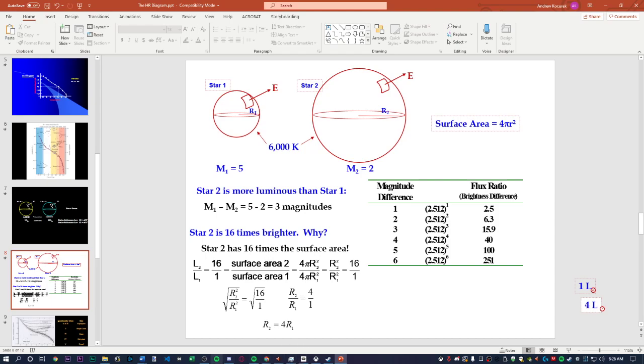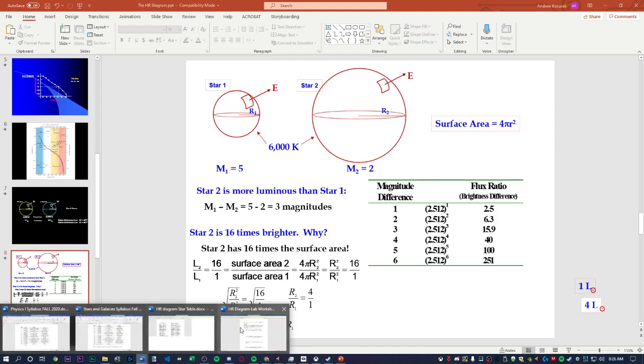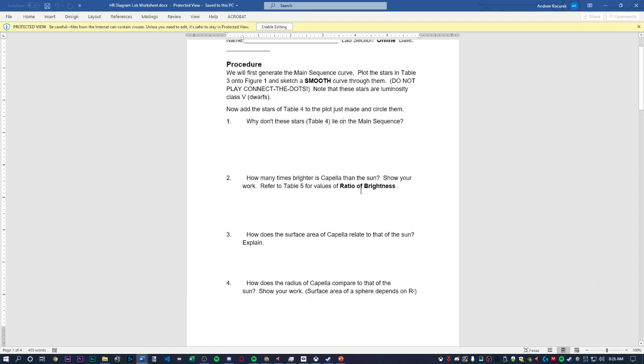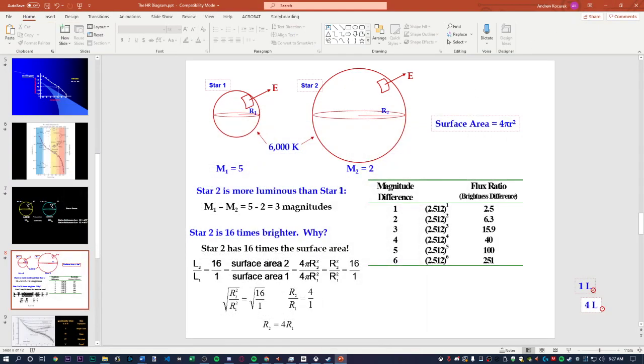If we go back to the lab, if I can find it, lab worksheet. How many times brighter is Capella than the sun? So I'm going to walk you through it. You're going to have to figure out how many times brighter Capella is than your sun. And to do that, you're going to have to measure their magnitude.